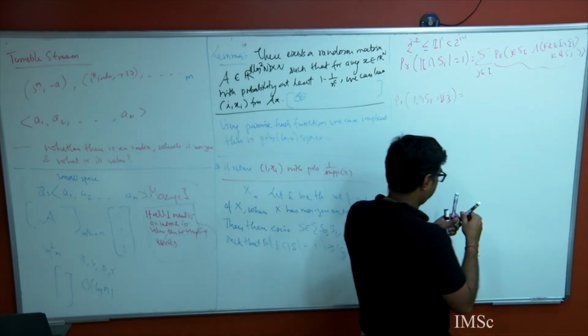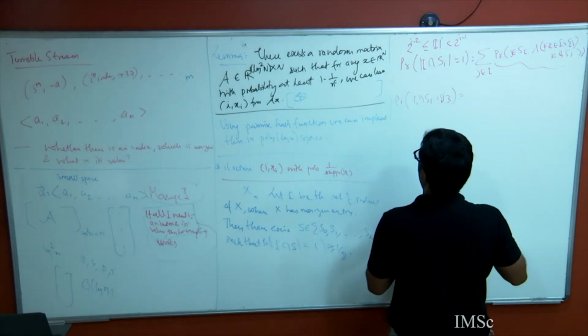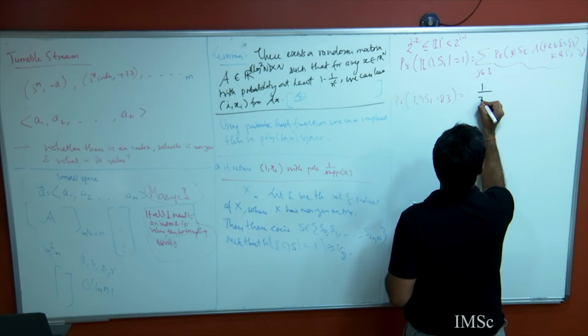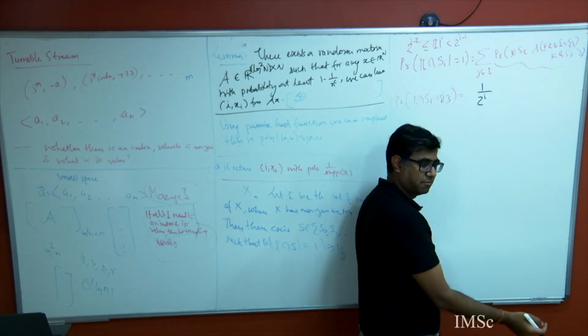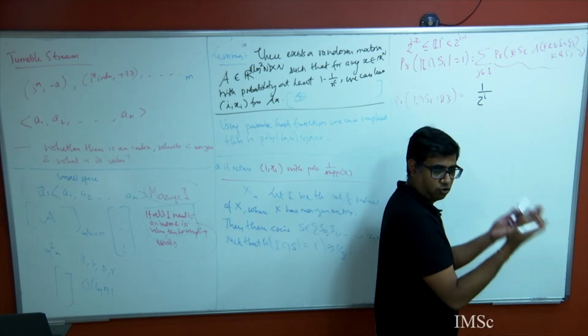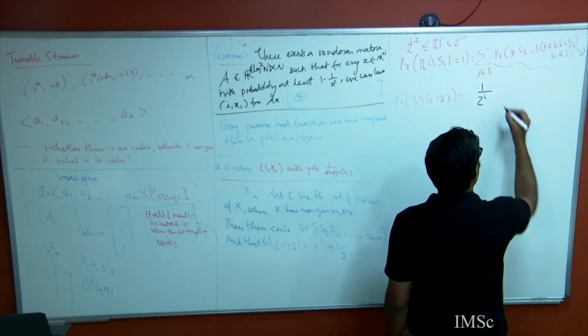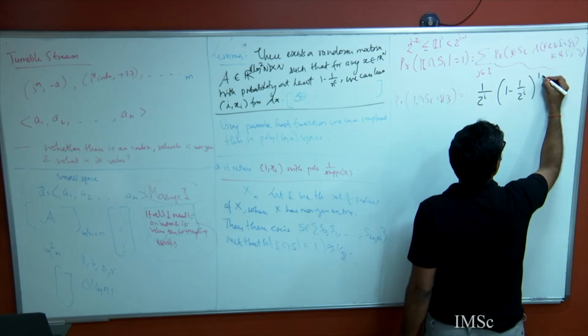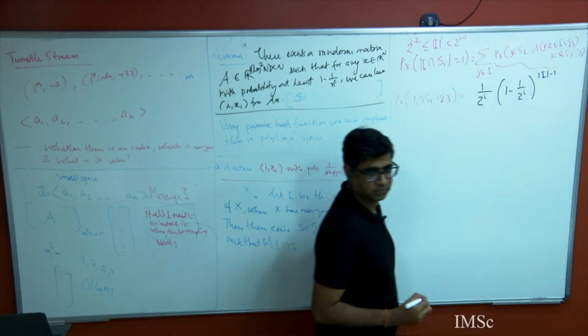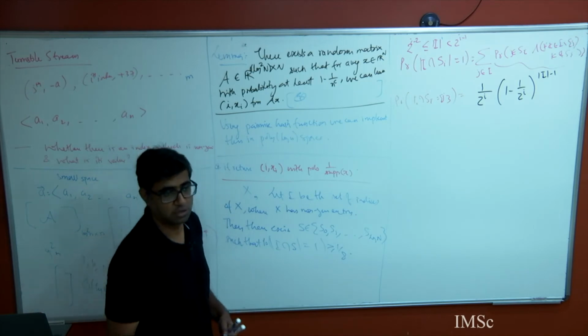So what is that? That will be equal to 1 over 2 to the power i for j being in Si, and every other place I am just tossing a coin and putting 0 or 1. So it will be 1 minus 1 over 2 to the power i, to the power mod I minus 1. This is exactly the probability it is equal to, right?